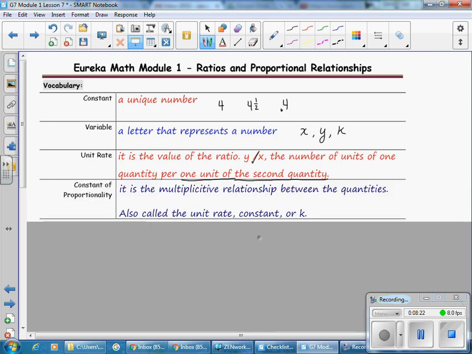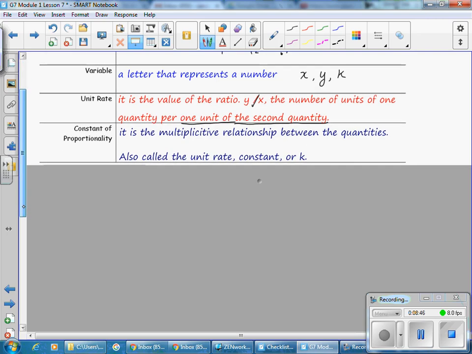A constant of proportionality is just another name for unit rate, or another name for the constant. It's the multiplicative relationship between the quantities. So the unit rate is the constant of proportionality, and it is also called the variable k, or the constant.